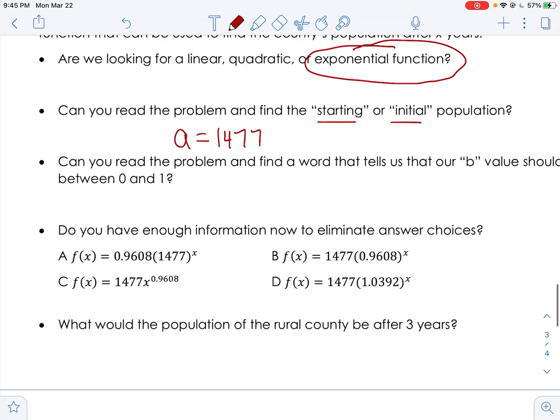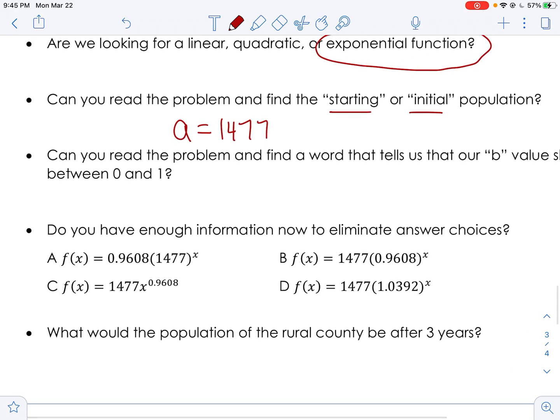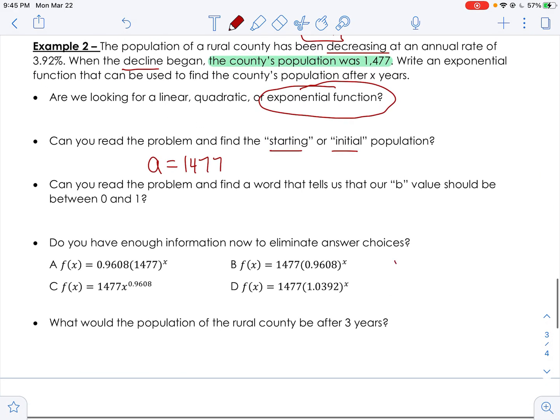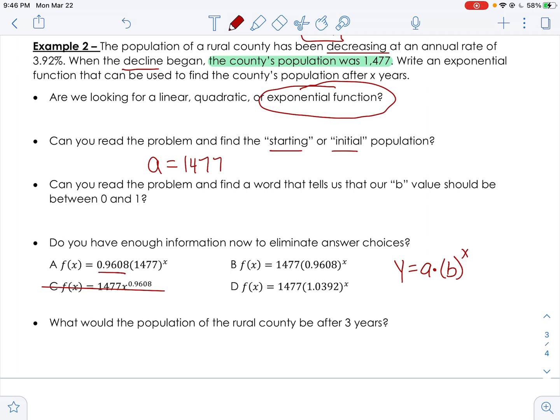So let's take a look. Okay, again, remember our kind of generic formula is y equals a times b to the x power. So we're looking for x to be the exponent, so we can eliminate answer choice C. Okay, then we're looking for a, the initial amount, to be 1,477. So we can eliminate answer choice A because that starts with 0.9608.